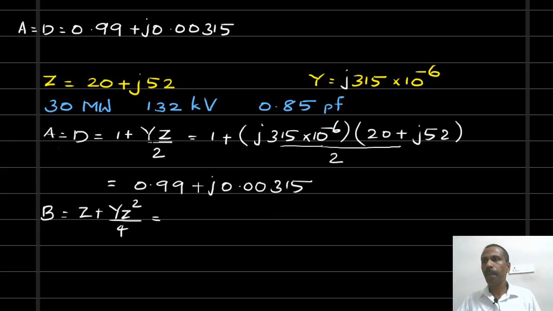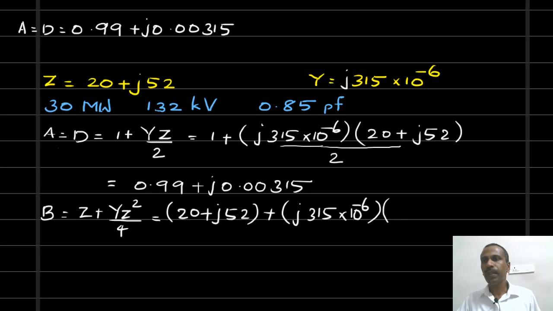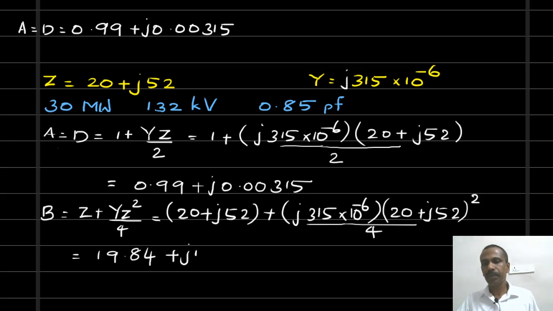This is equal to Z, which is 20 plus J52, plus Y equals J315 into 10 raised to minus 6 into Z square, which is 20 plus J52 the whole square, divided by 4, and this is equal to 19.84 plus J51.82.